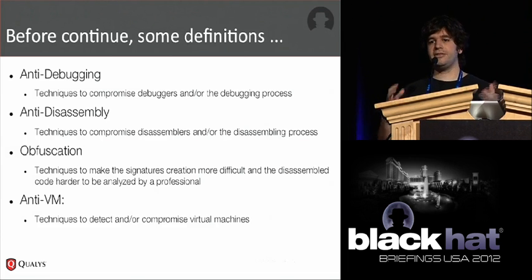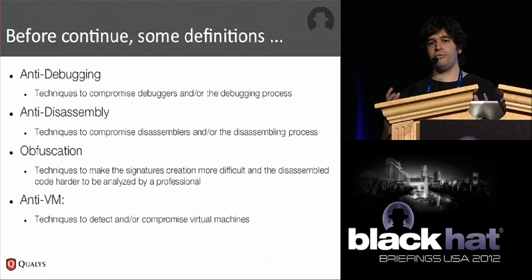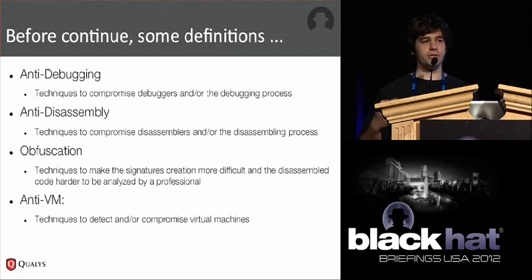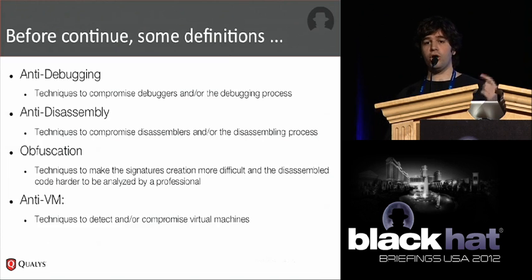Obfuscation techniques make the disassembly harder for a professional to analyze and also make signatures more difficult to write. And anti-VM technologies, as shown in this presentation, are techniques to detect or compromise the presence of virtual machines.